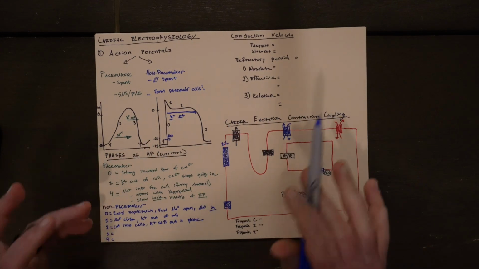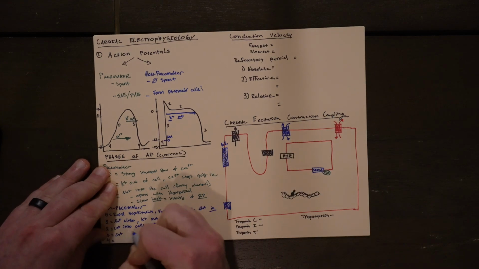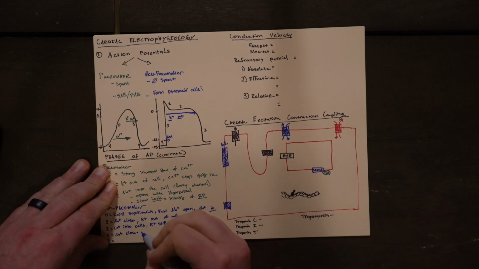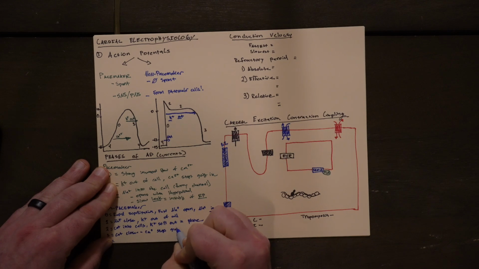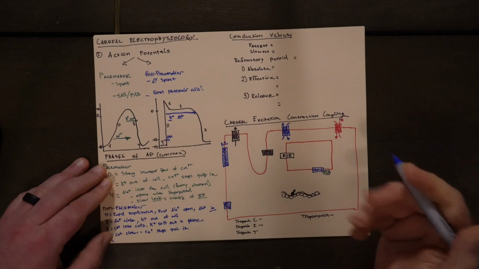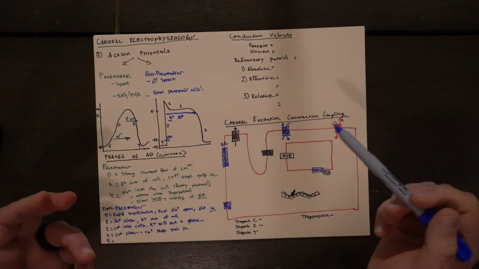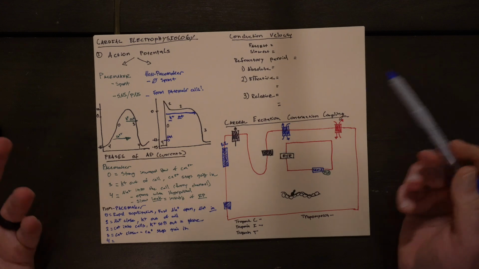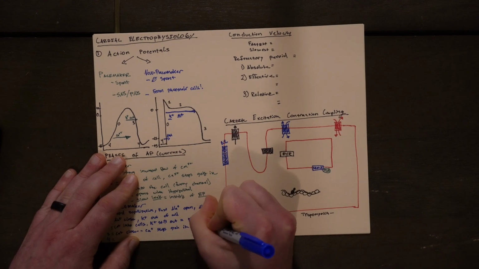Next, we have phase 3. So phase 3 is the Ca2+ channels close. The calcium channels close, so Ca2+ stops going in. Okay, great. Well, what does that mean? Well, the potassium's still going out, so what you're going to have is repolarization. So this equals repolarization.